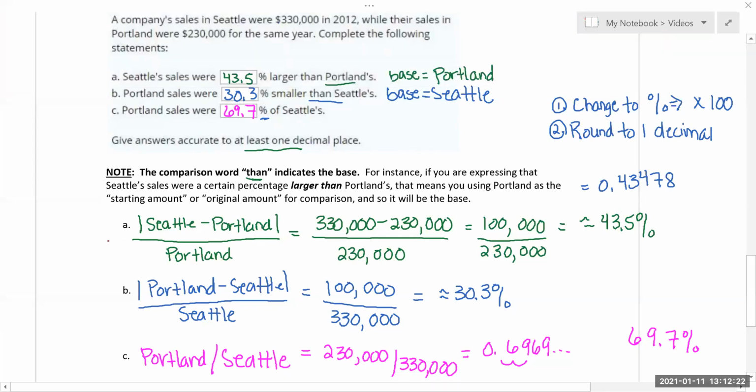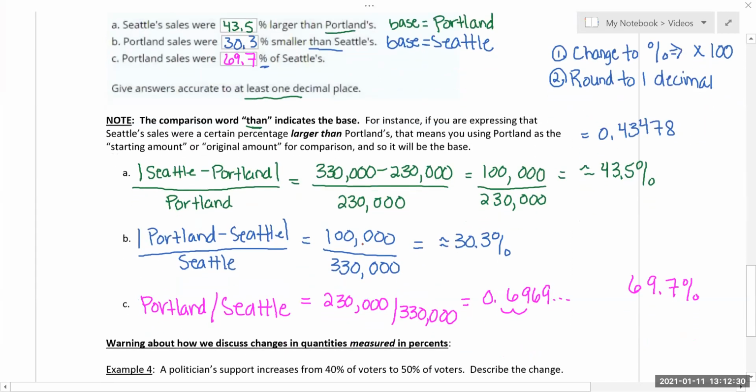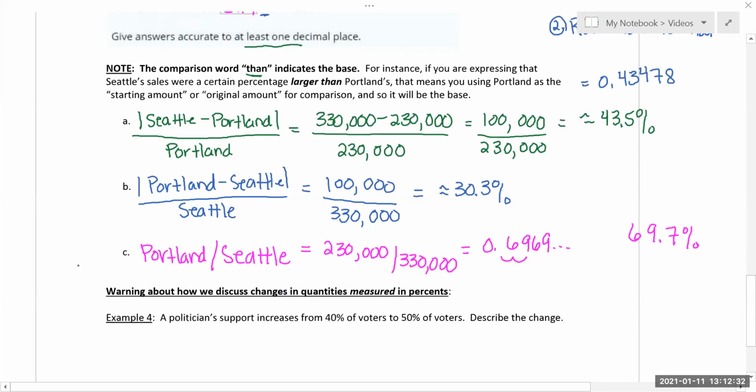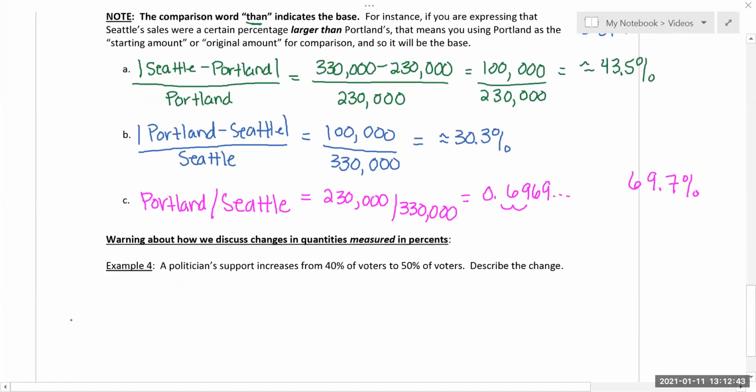And then the last item I want to talk about is when we're talking about quantities that are already measured in percentages. We have to be careful how we describe them. This one says a politician's support increases from 40% to 50%. Describe the change. All right, so we've got two items here we can do.